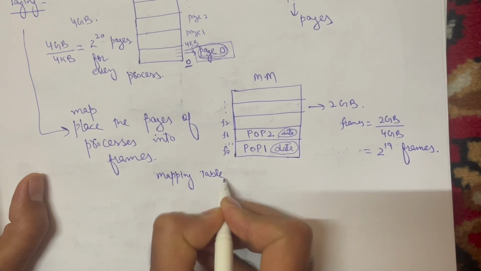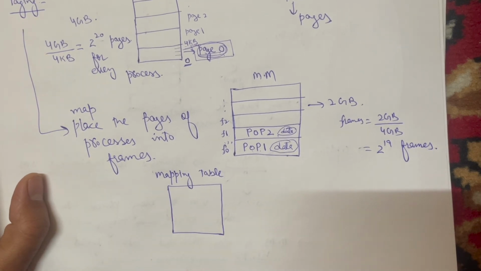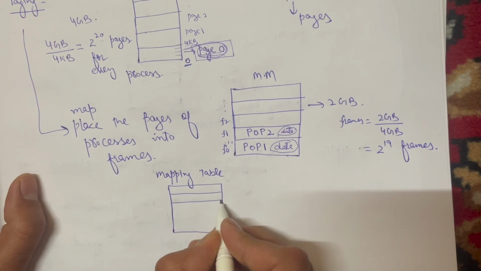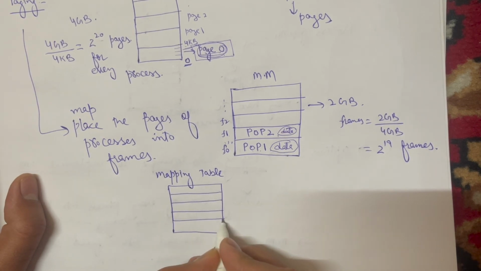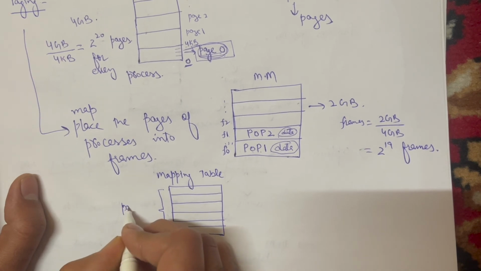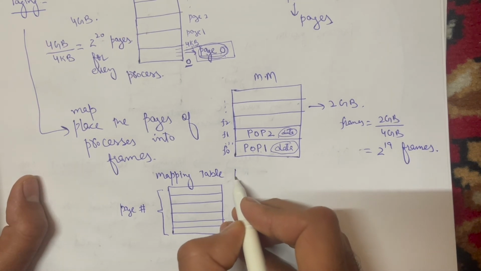So we have a mapping table for every process. This mapping table will be indexed by the page number. So this is the mapping table of process P1.